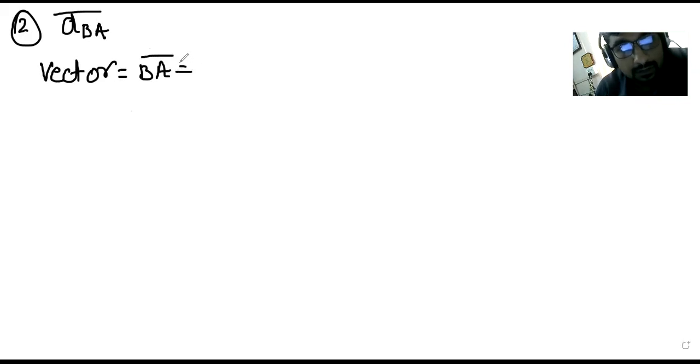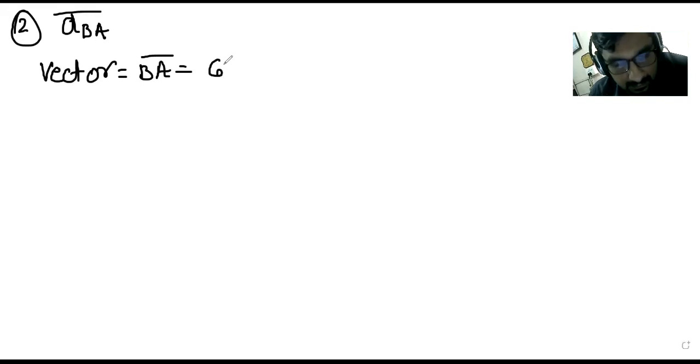BA bar is equal to... Now in the same fashion, you can calculate because you have the coordinates of B and of A. So calculate that and tell me what is the vector BA bar. Meanwhile, I will write the answer on the screen just to cross check. You have to solve and find vector BA bar.